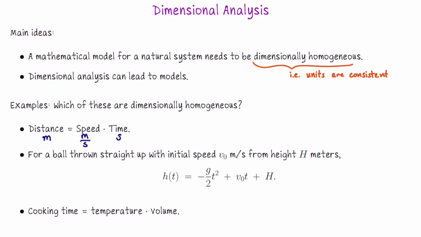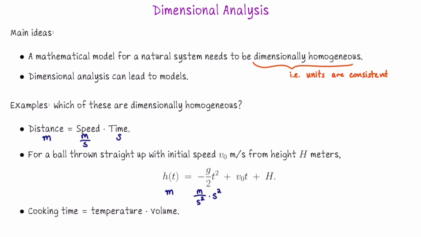So on the left-hand side, height at time t is meters. On the right-hand side, my first term is -1/2 times gravity times t squared. -1/2 is just a number. Gravity is an acceleration, so that's meters per second per second, or in other words, meters per second squared. Right, so that's like your velocity per second, and then time is seconds squared.